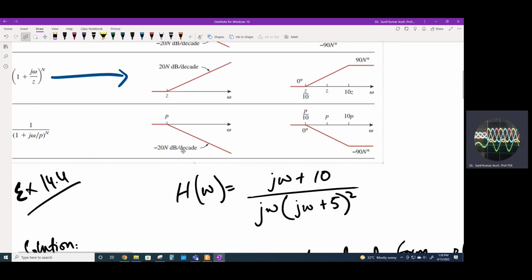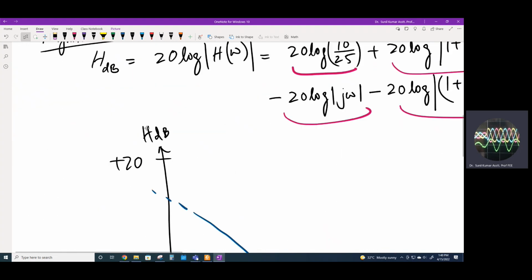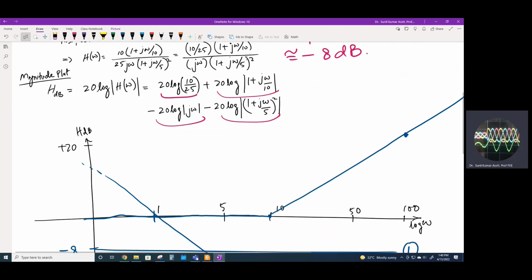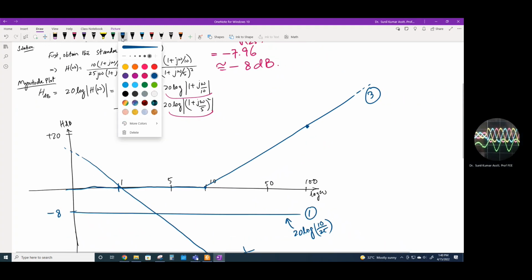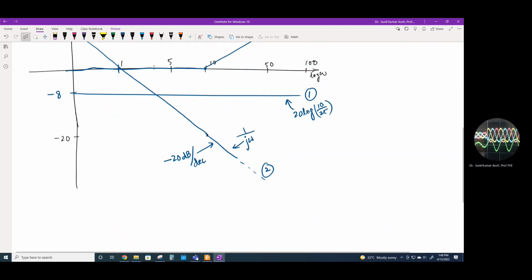So the rate will be minus 40 dB per decade. Okay. And it starts decreasing at the value of p, which is 5 in this case. 1 plus j omega over 5 whole squared will be translated on the graph this way.